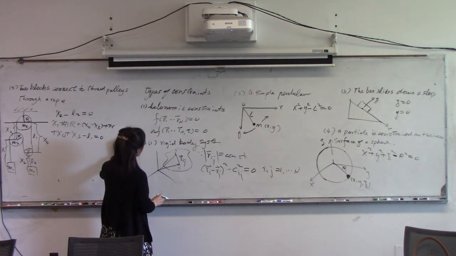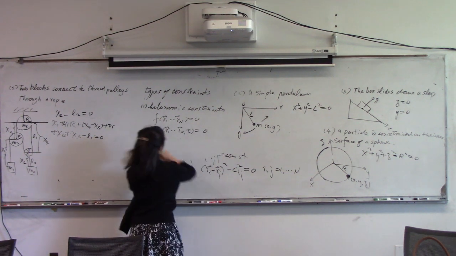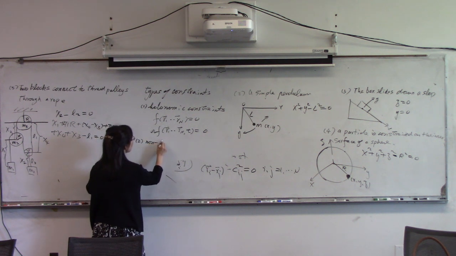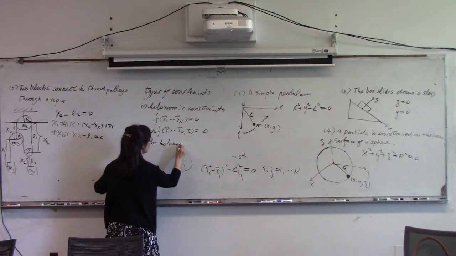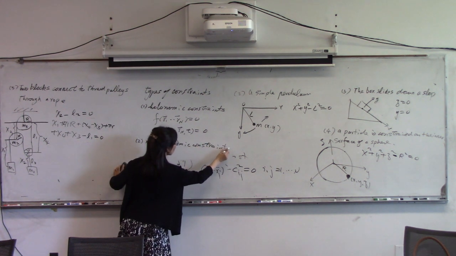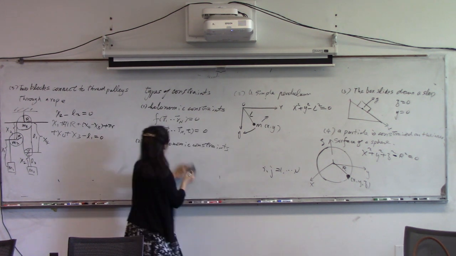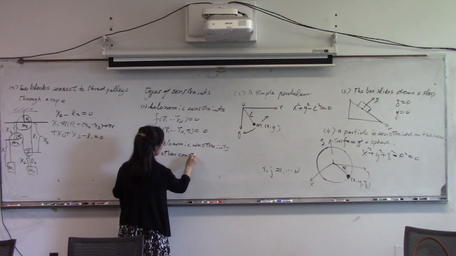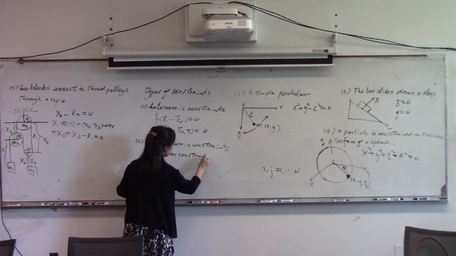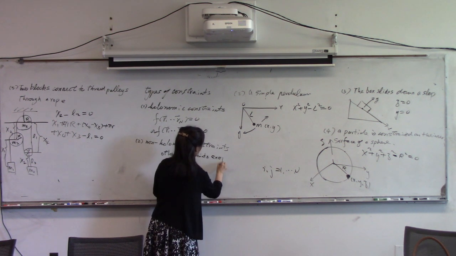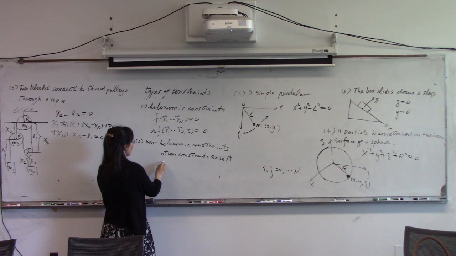That is the one case we call holonomic, and the opposite, the non-holonomic constraint, is all the others, except this holonomic.